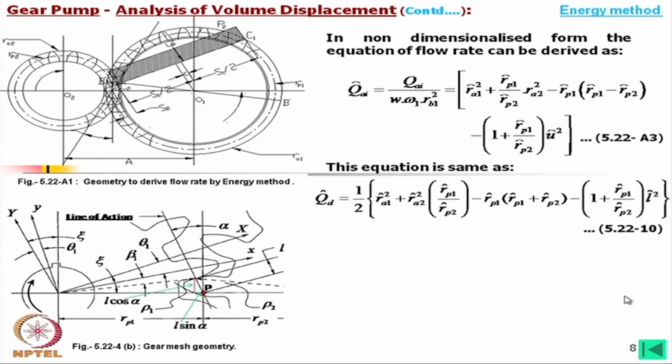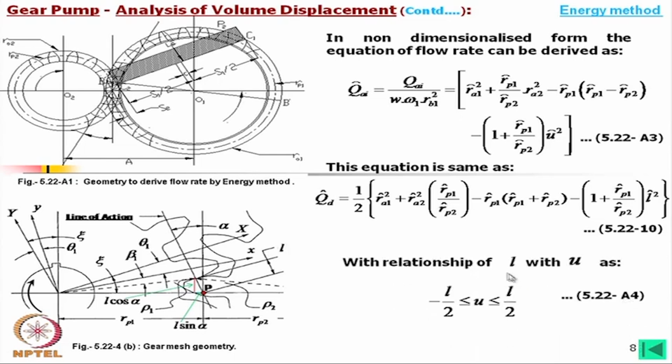Now, we can relate this u with L with these relations. While this was derived, in fact, this can also be derived in this form, but here the geometric analysis was different from these axis considerations. So, in that way the formula comes out, but what is found is that these are basically the same.